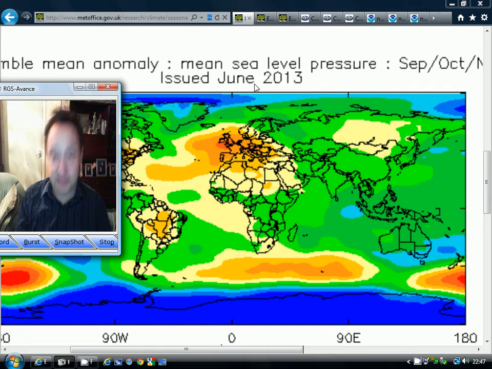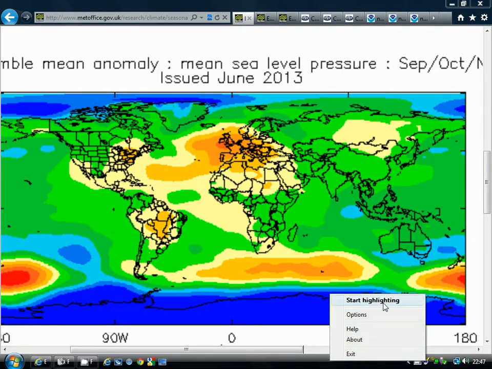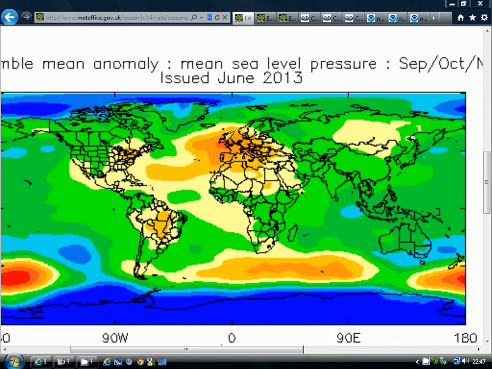So, we're going to start off, as I say, with the seasonal models. In fact, we've used seasonal models all the way through, but we're going to start off with the UK Met Office. And what we're going to look at first of all is the ensemble mean anomaly for sea level pressure. So, this is pressure in the air, basically. And we're seeing a rather large area of high pressure there. Anomalous area of high pressure sitting around the British Isles for the 3-monthly period, September to November.